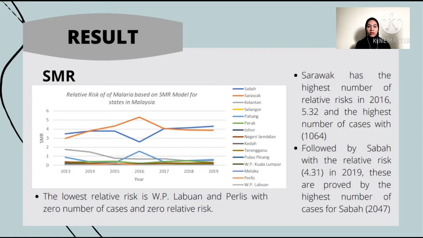Followed by Sabah with a relative risk of 4.31 in 2019. This is supported by the highest number of cases for Sabah, which is 2,047. It can also be seen that the lowest relative risk is in Wilayah Persekutuan Labuan and Perlis with 0 cases and 0 relative risk.